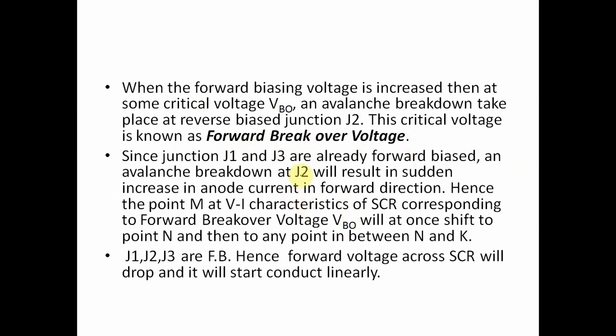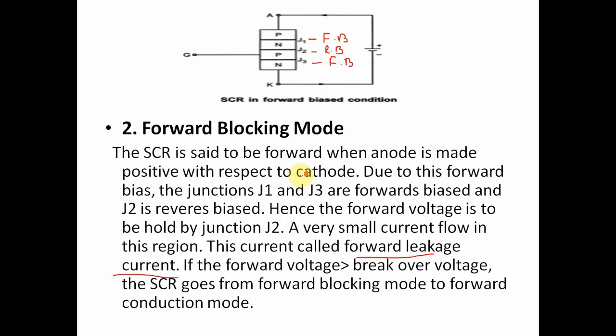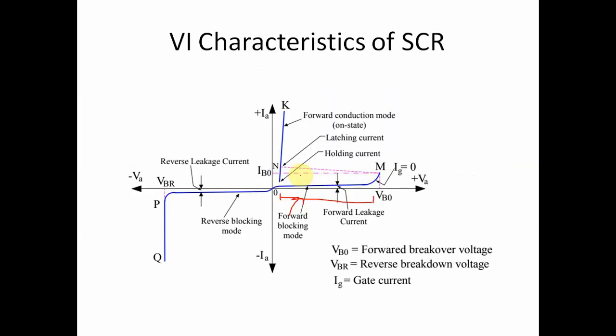Now the J2 junction is also in forward bias, so SCR starts conduction. When the J1, J2 and J3 junctions are all forward biased, SCR starts conduction, and this step is called the forward conduction mode, that is the on state. This is the diagram for the on state of SCR.